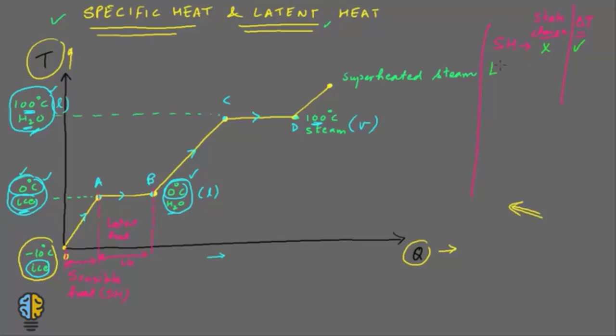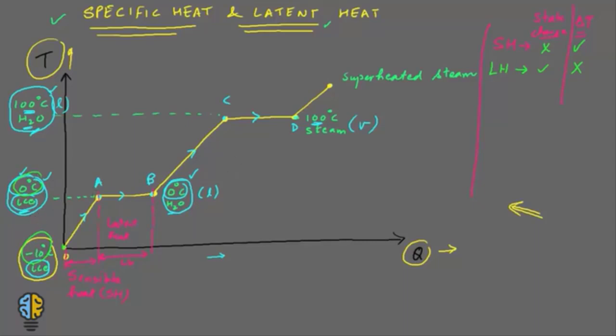If you talk about latent heat, there is a state change, but there is no temperature difference. So in going from O to A, there is a temperature change from minus 10 to 0 degrees Celsius, but there is no state change. It is still solid ice.